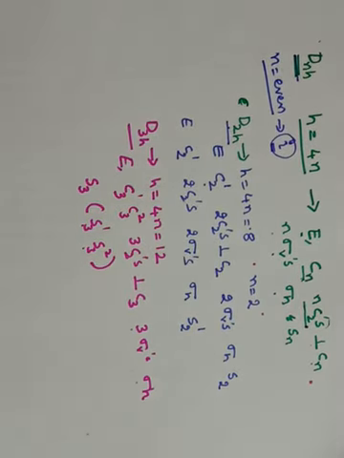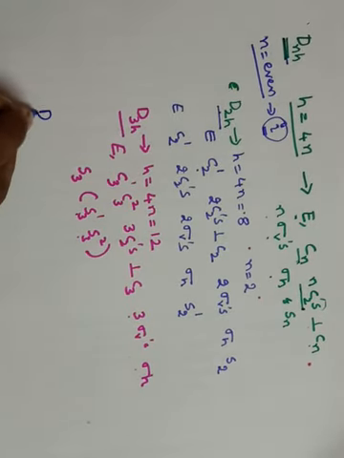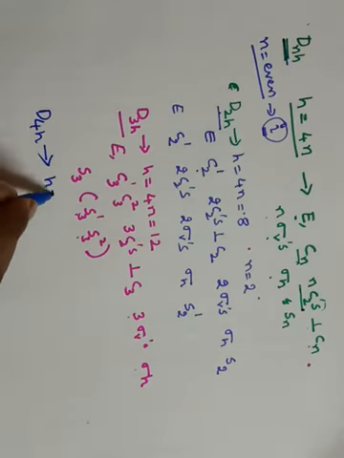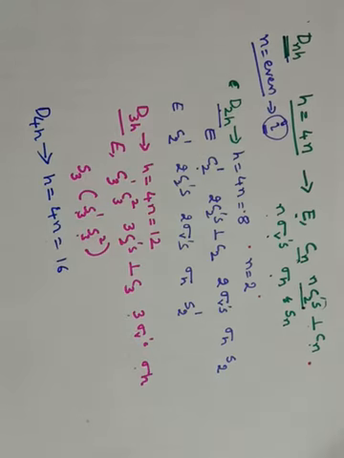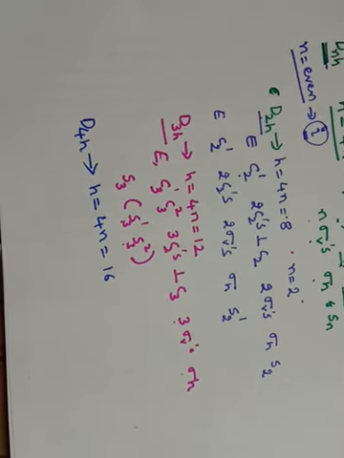Similarly, if you go for the next point group, that is the D4H point group, the total number of symmetry elements h is equal to 4n, that is equal to 16 symmetry elements possible in the D4H point group. So what are those 16 symmetry elements?